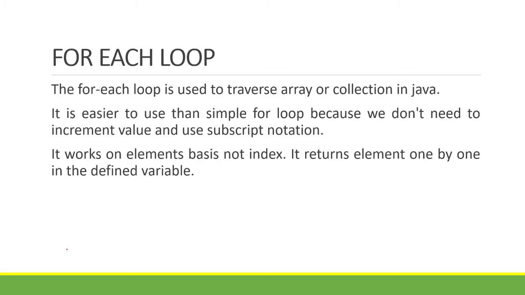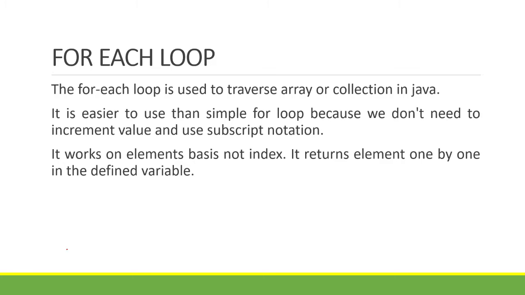So, for each loop, the for each loop is used to traverse array or collection. In Java, it is easier to use than simple for loop because we don't need to increment value and use subscript notation.